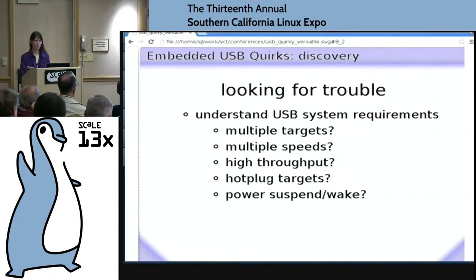Will you have targets coming and going with hot plugging? And one that can be particularly tricky in practice: do you need to be low power conscious enough that you'll have to be suspending and waking your device? Because that is a real opportunity for things to go haywire just once in a while.